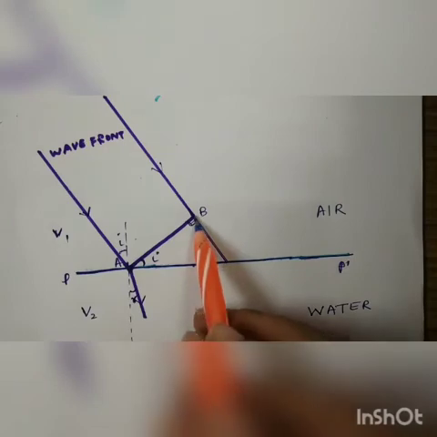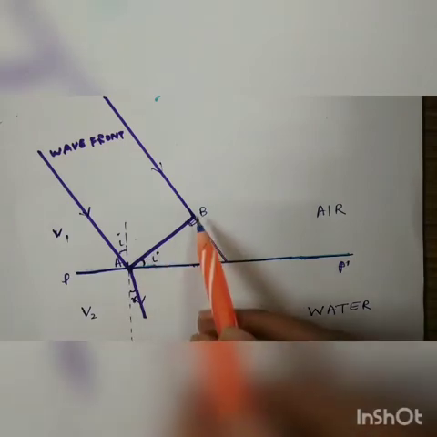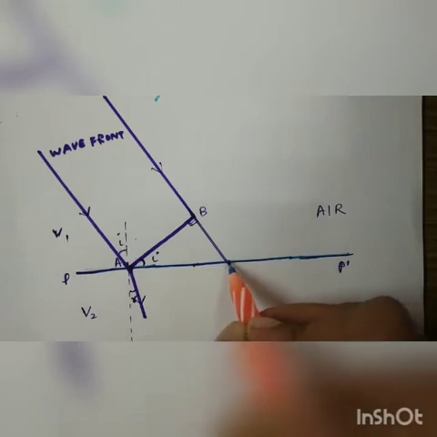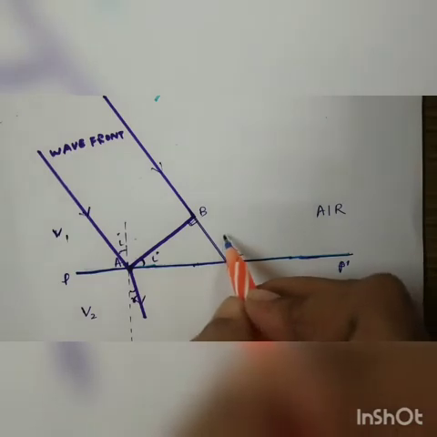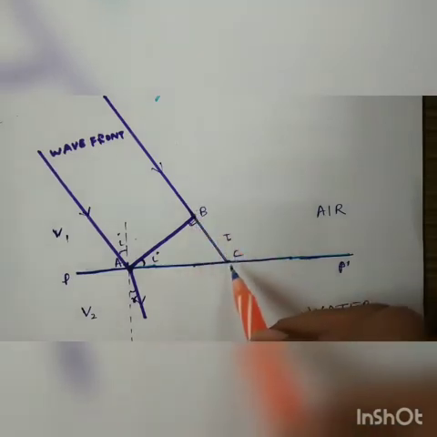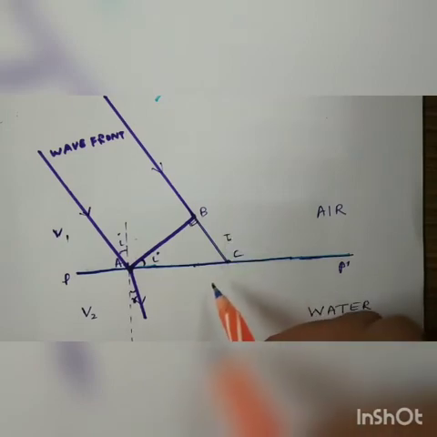Let this point B reach the surface of separation, let me call this point C, after a time tau. Tau is a Greek alphabet.